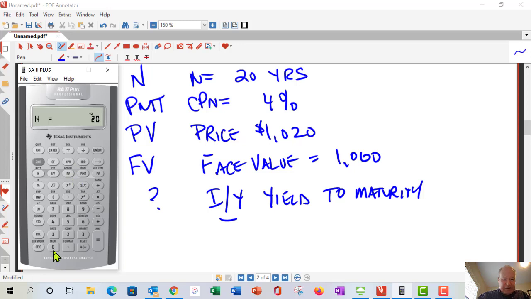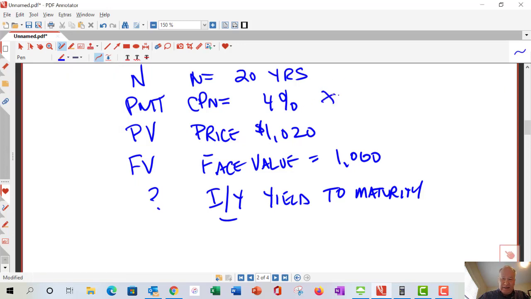My present value, my price today, is 1,020. And don't forget that negative sign in front. Okay, so that's my price. Coupon is 4%, so that's times 1,000 equals $40. So we're talking about an annual coupon bond. Again, in practice, they're probably semi-annual, but for our purposes, this will work fine.